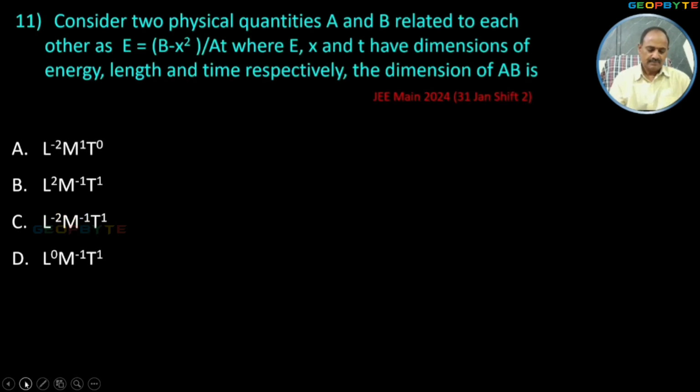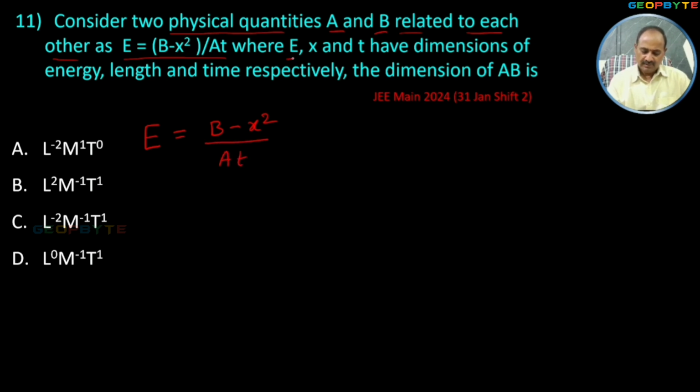Look at another question. It is asked like this. Consider two physical quantities A and B related to each other as E equals (B minus x squared) divided by A t, where E, x and T have the dimensions of energy, length and time respectively.